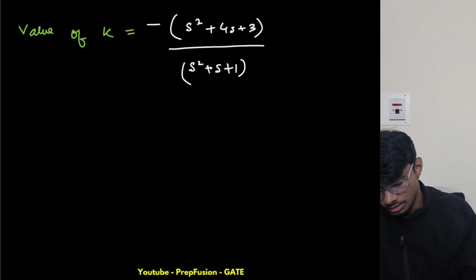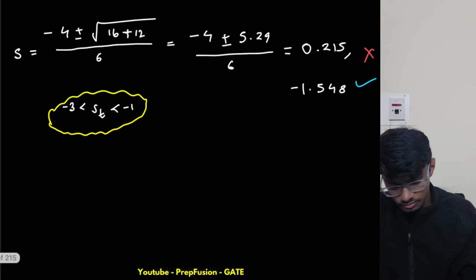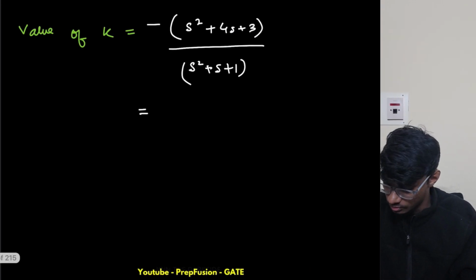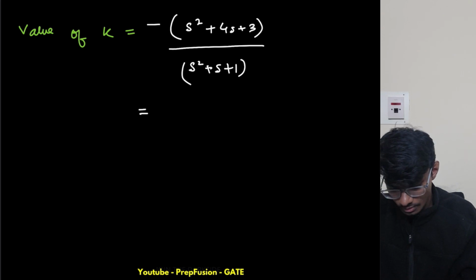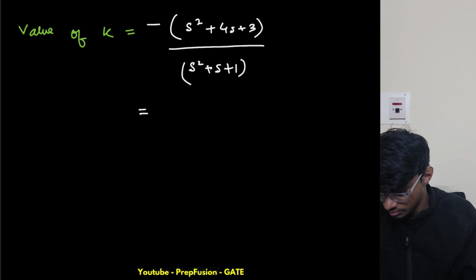plus 1. Now I'm putting the value of s equals minus 1.55, I can put approximately. So 1.55 whole square plus 4 times 1.55 basically. Okay, this is a bit wrong. Then plus 3, this is almost equal to minus 0.597.